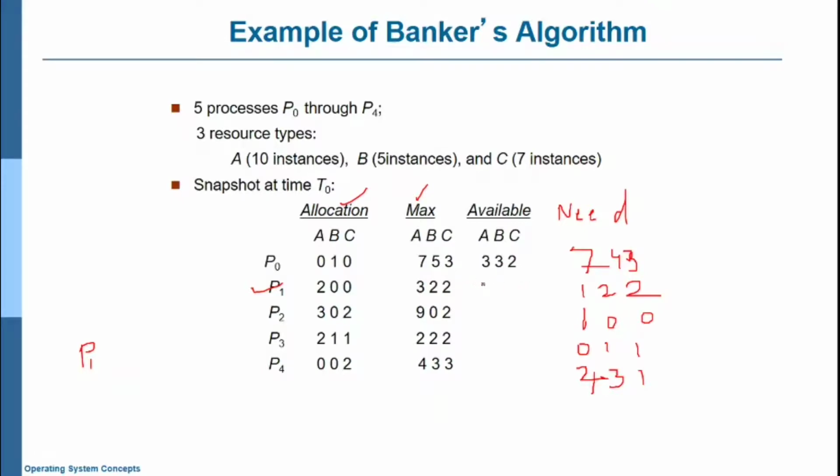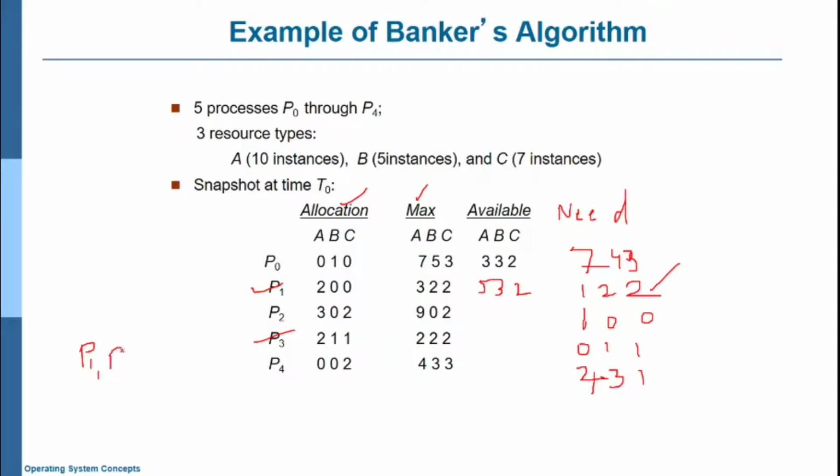So 3 plus 2 it is 5, and the remaining stay 3, 2. P1 is executed, and P2 needs 6 0 0, but we have 5, so this is not satisfied. And P3 requires 0 1 1, yes we can satisfy this condition, so execute P3.